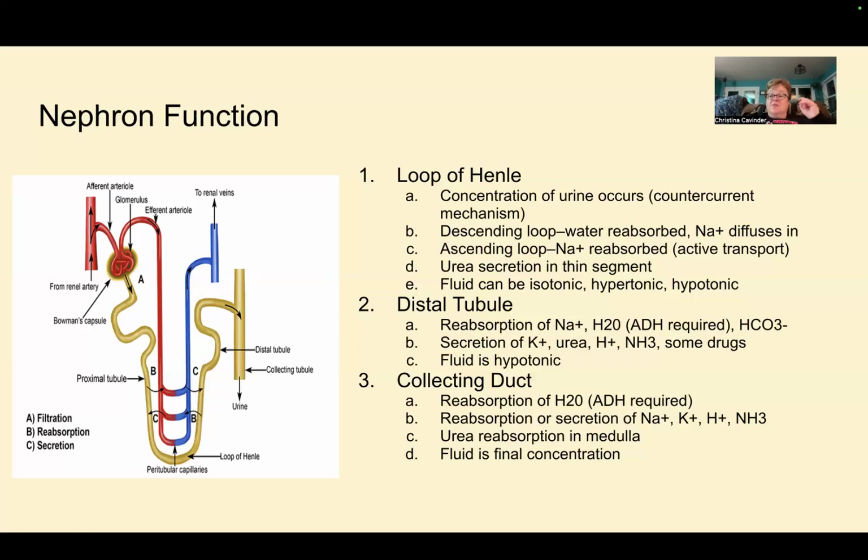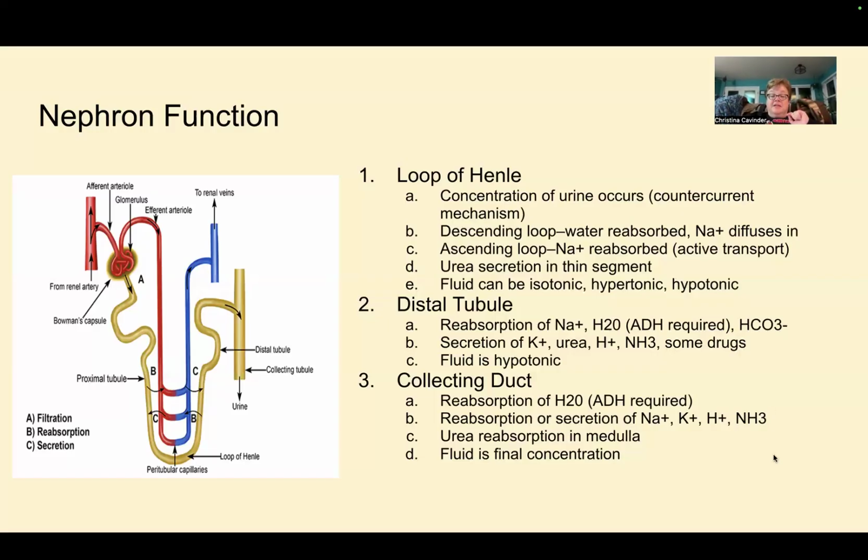Secretion of potassium, urea, hydrogen ion, nitrites, and some drugs happens here. So remember, some are in the proximal, some are in the distal. And the fluid is hypotonic, so there's not a lot of electrolytes left in the distal tubule because they've been reabsorbed.